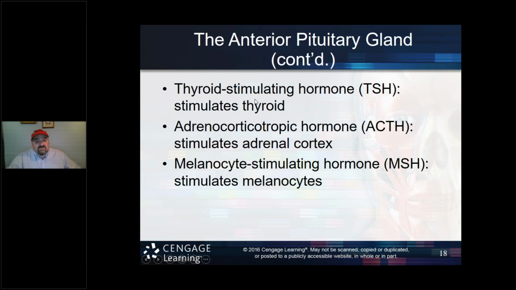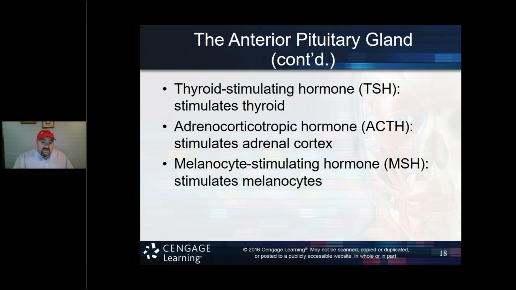You'll see here these hormones. Thyroid stimulating hormone stimulates the thyroid to synthesize and release thyroid hormone. Adrenocorticotropic hormone stimulates the adrenal cortex, which we'll look at next week, as far as what's taking place at the zones: the zona glomerulosa, fasciculata, and reticularis.